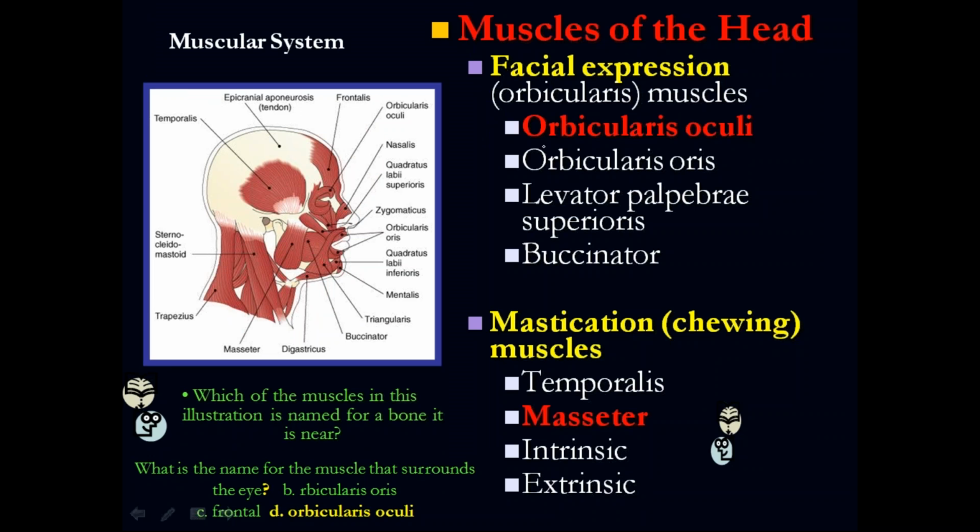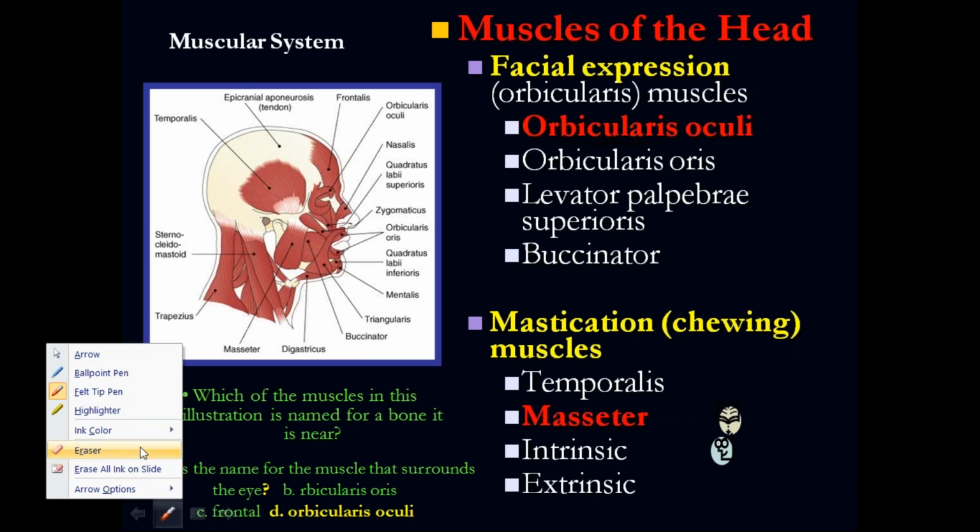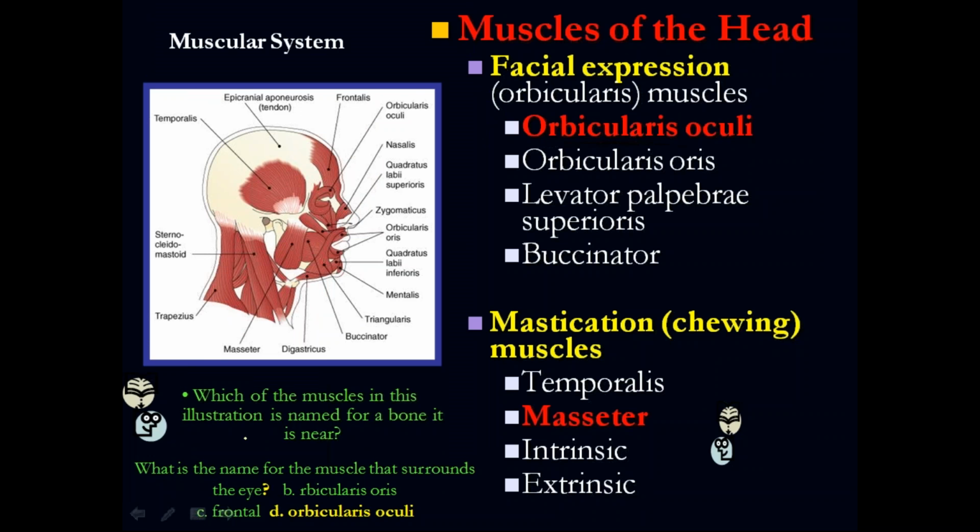First of all, we have the orbicularis oculi, which is here around the eye. Can you see it around the eye? We have orbicularis oris, which is around the mouth. Oris means mouth. We have the buccinator, which is for whistling. When you're whistling, that is the buccinator muscle.